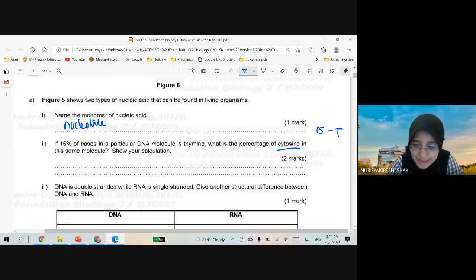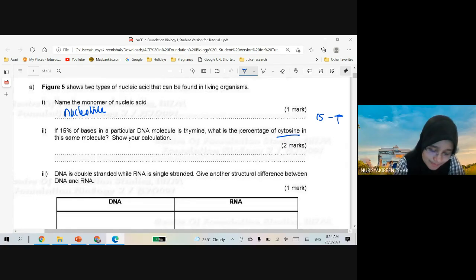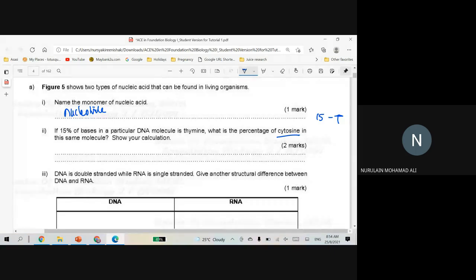So how do you do your calculation, Ain? Thymine 15%, pasangan dia A. So A tu akan 15% juga.